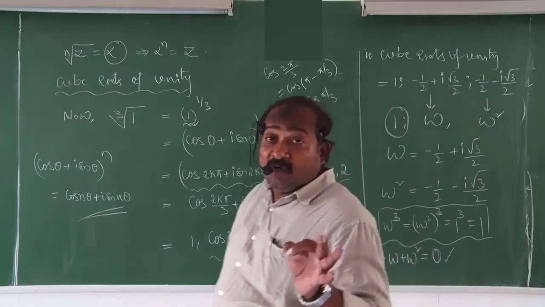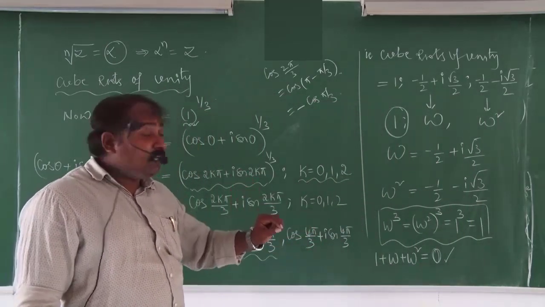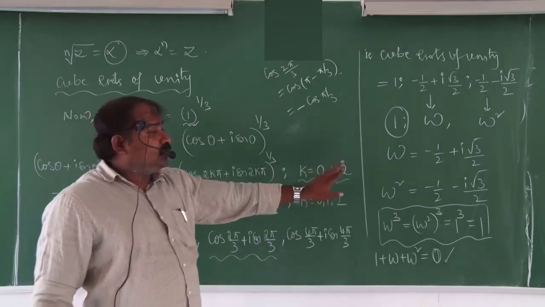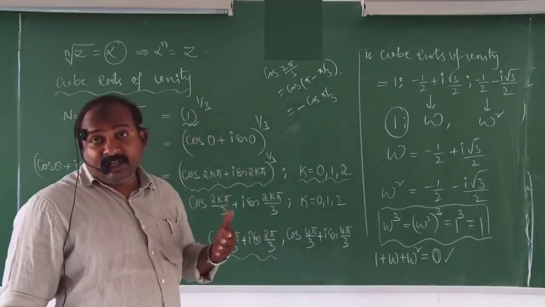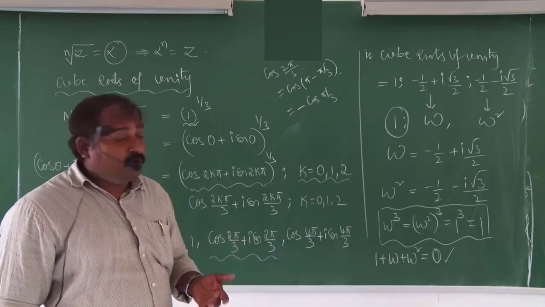So the valid point is, in order to find the cube roots of unity, we take k equal to 0, 1, 2 in this step. For example, if they ask to find the fourth roots of unity, we will discuss that now.